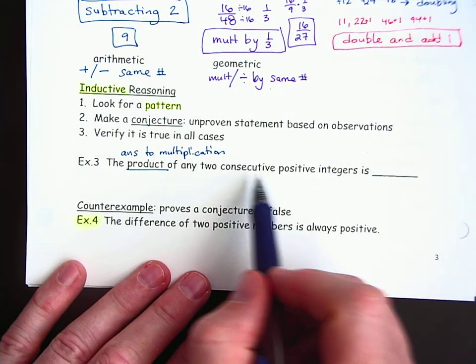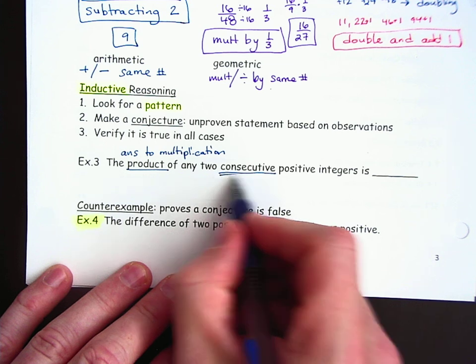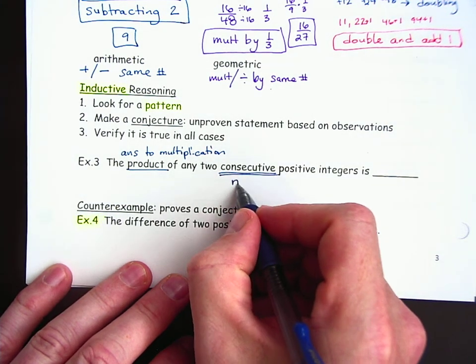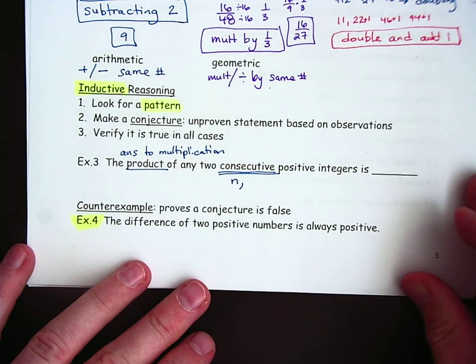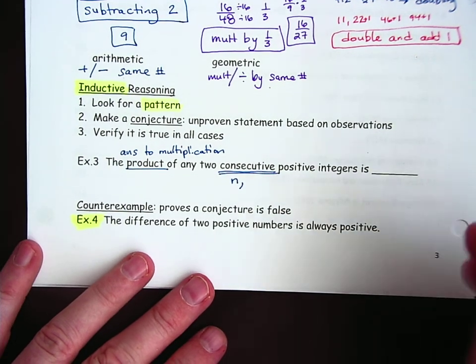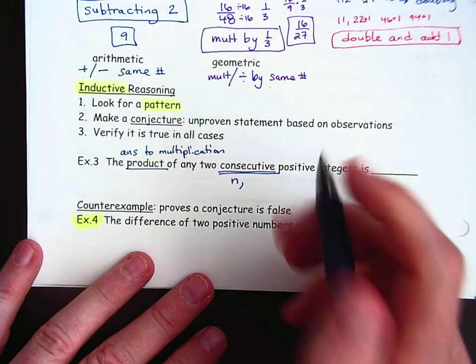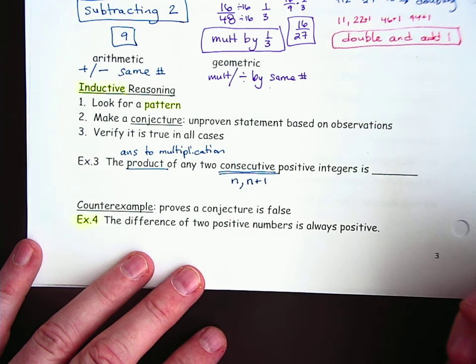Of any two consecutive means one after another. So we can express that with variables. We could say n, and then, you can pause the video and think about what would be an expression for a consecutive number after n. It would be the next number after n, that would be n plus 1.